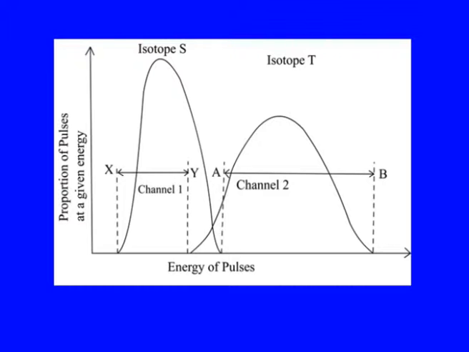One channel will be measuring isotope S, and another channel, channel 2, is set on another threshold, which is A, and it will reject all signals below A, and there is a window B. So, there will be another channel for the second isotope, which we are calling isotope T. By putting in two channels, that is multi-channel detectors, you would be able to detect and quantify the two isotopes simultaneously in a sample. That is a great advantage of liquid scintillation counting over GM counting.